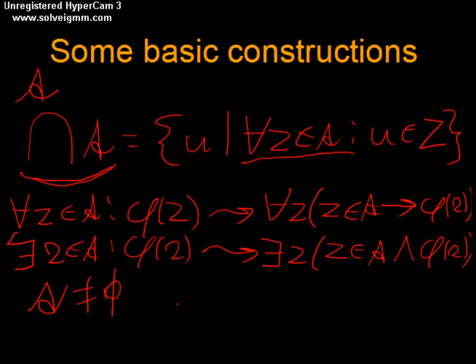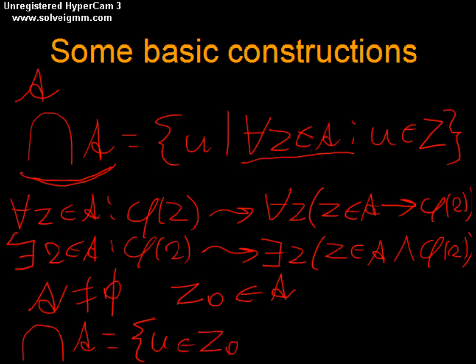Then there exists some Z naught in A, and then we can define the intersection as all U in Z naught so that for all Z in A, U is an element of Z, and this is a valid set. Now, if A is empty, then the intersection will be left undefined.